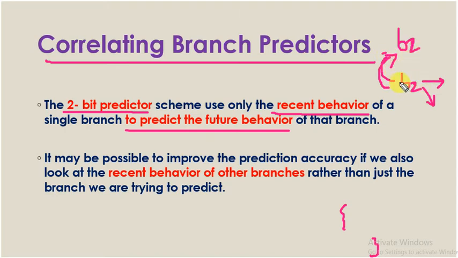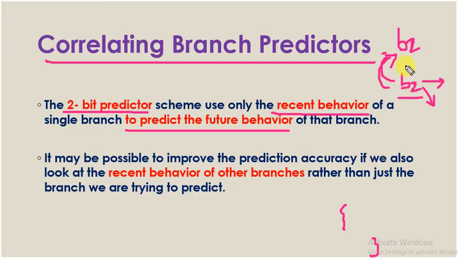If it is being repeated 100 times, the first time it behaves in one way, that means it either enters the body of the branching statement or goes out of it. If the previous branch went inside the body, we predict that B2 will enter the body the next time also.